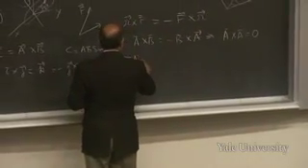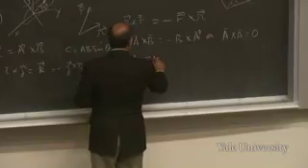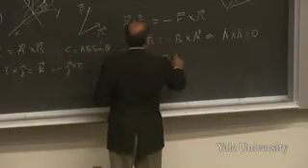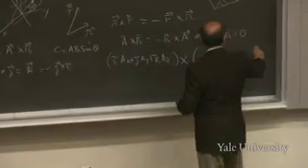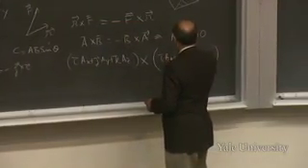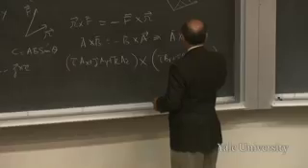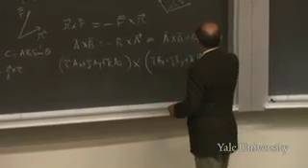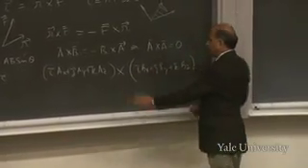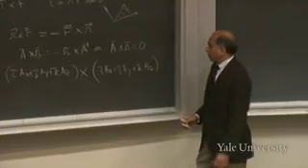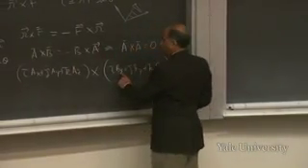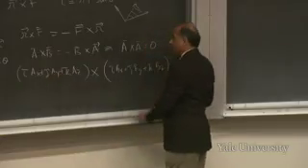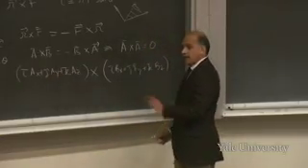If you write i times Ax plus j times Ay plus k times Az, cross product with similar things for b, i times Bx plus j times By, etc., k times Bz, there are, in principle, 9 terms you can get in the cross product. 3 of them will vanish because when you take i cross i, you will get 0. When you take i cross j, you will get something. When you take j cross i, you will get minus something.